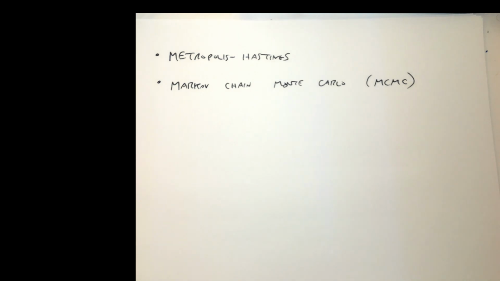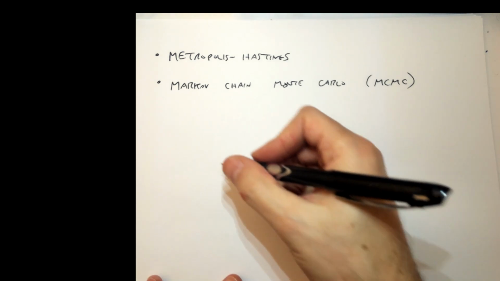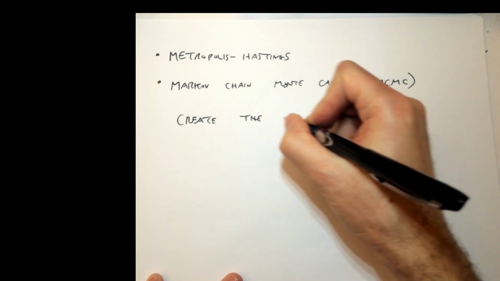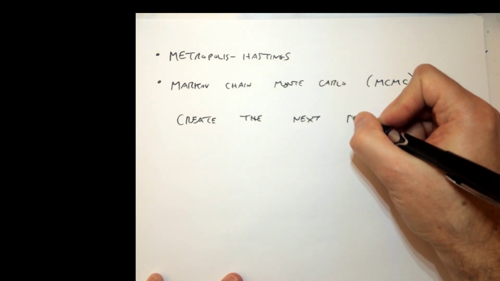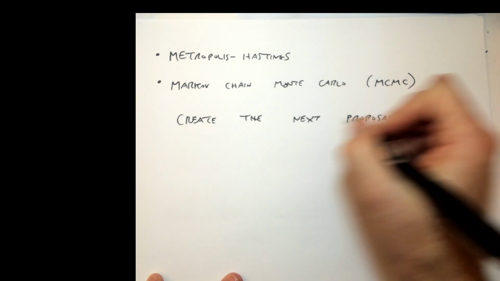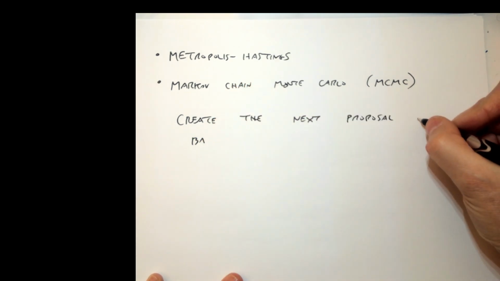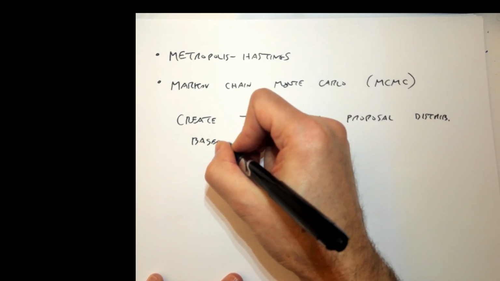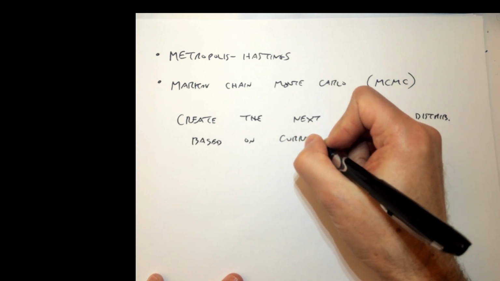And so the idea is that you're generating new samples based on what you saw before. So it's like saying that we create the next proposal distribution based on the current sample.